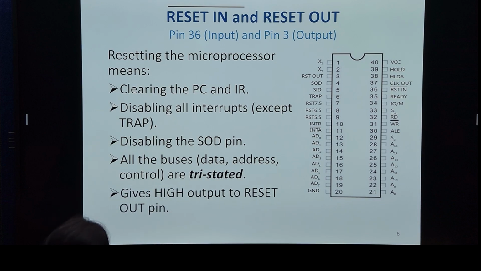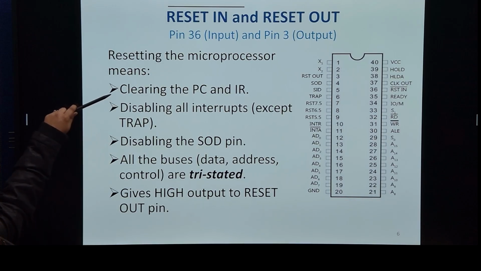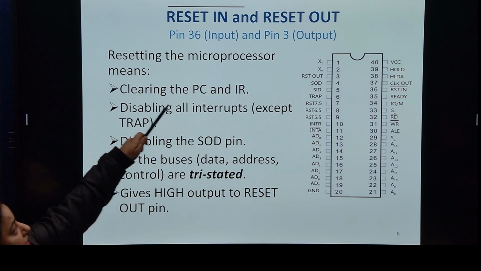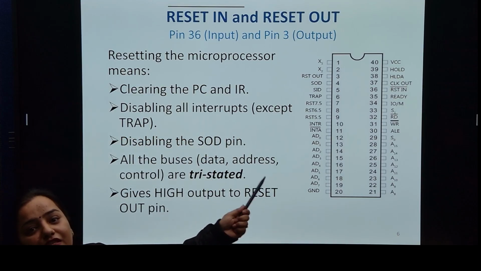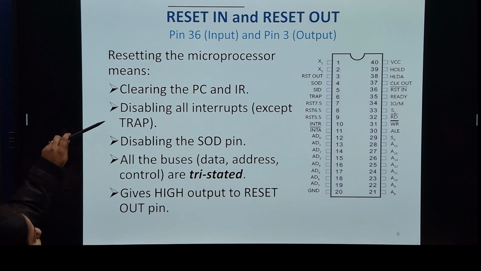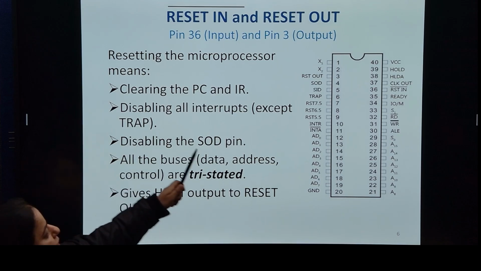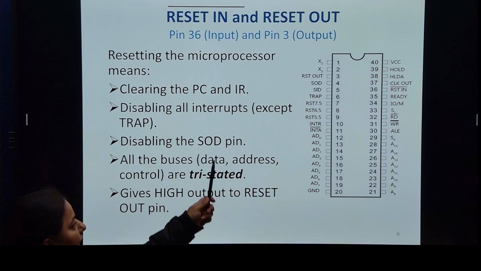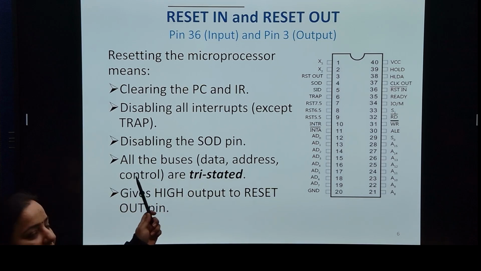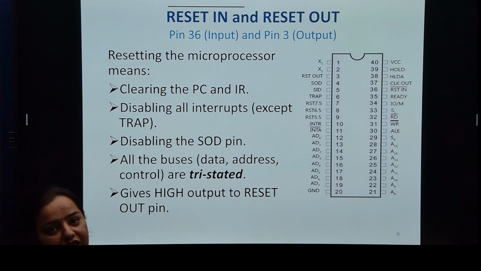If we are saying that we are resetting the microprocessor, what does it mean? It means that we are clearing the contents of the PC, the program counter, as well as the instruction register. Then we are disabling all the interrupts. Then we are disabling the SOD pin, and all the buses, meaning the data bus, address bus and control bus, are tri-stated.